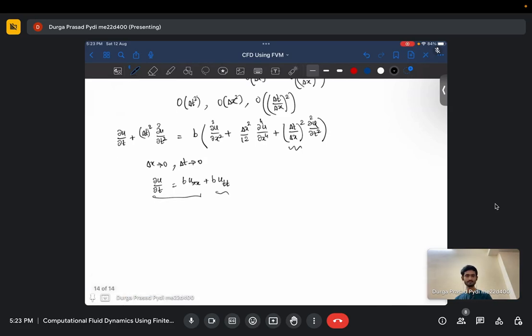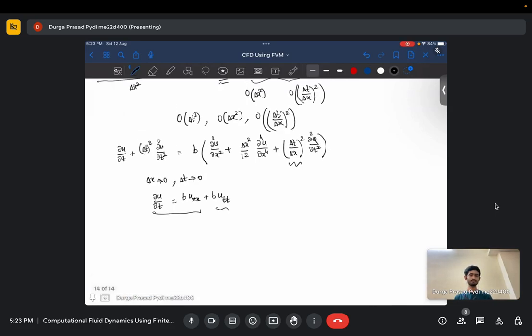In fact, sometimes we are neglecting the higher order terms, right? Yes, so truncation errors. In simple words, if you try to refine your mesh, you should be getting accurate results, and that is possible only if your system is consistent in the first place.